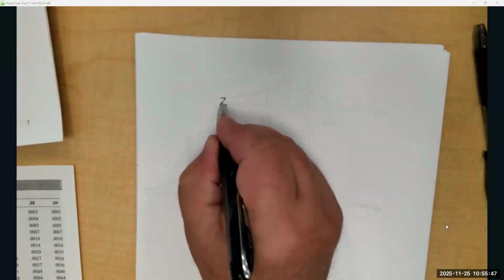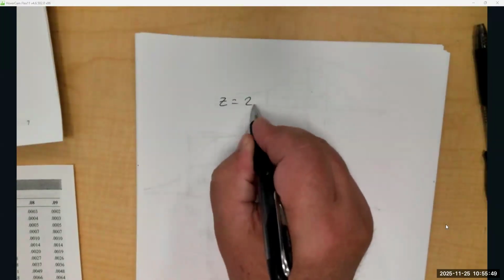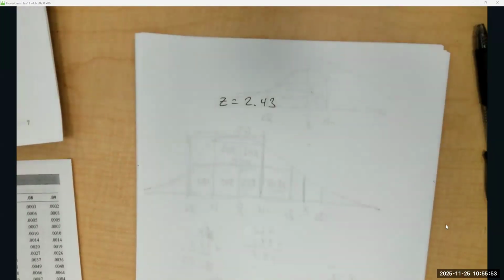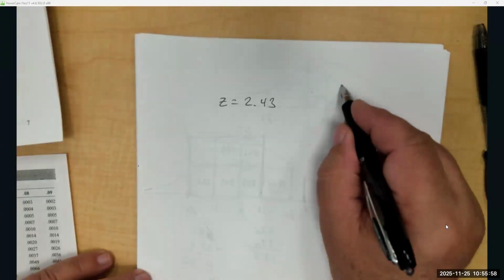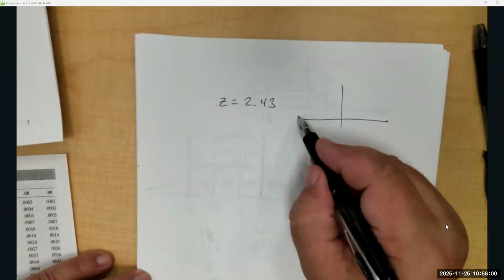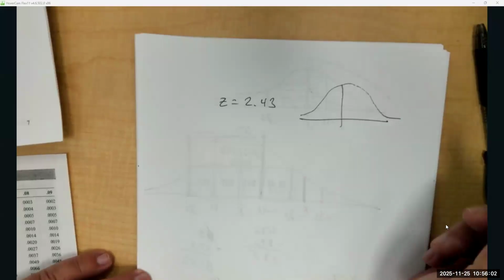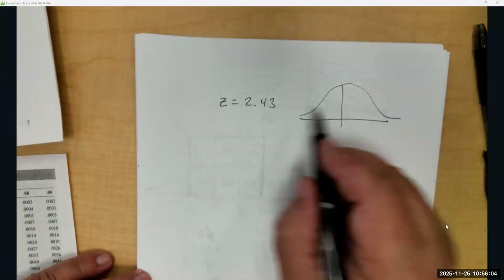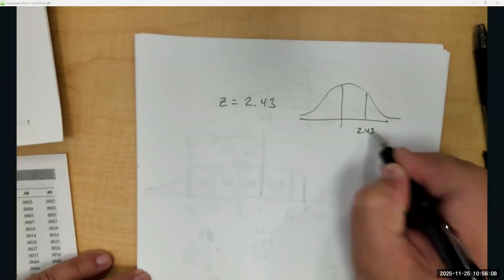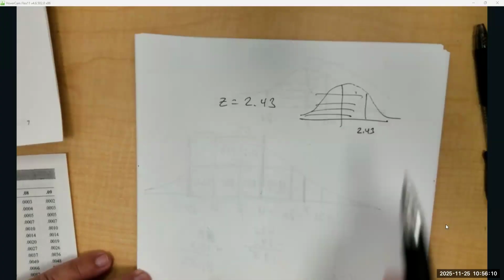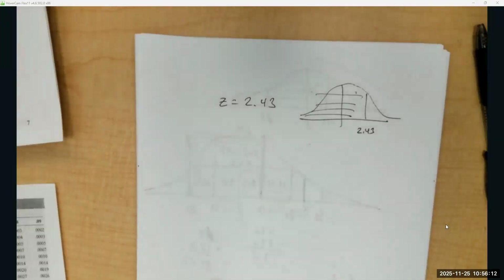So what is the area for a z value of 2.43? Is that to the right or to the left of the mean? Since it's positive, it's to the right. So it'll tell me the percentage of the numbers to the left of it.